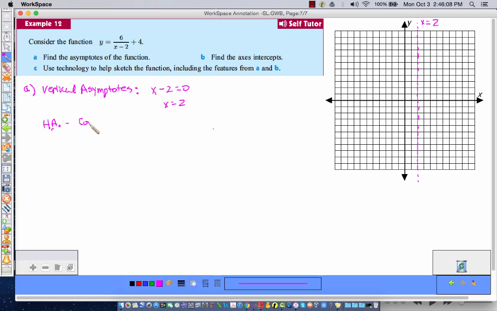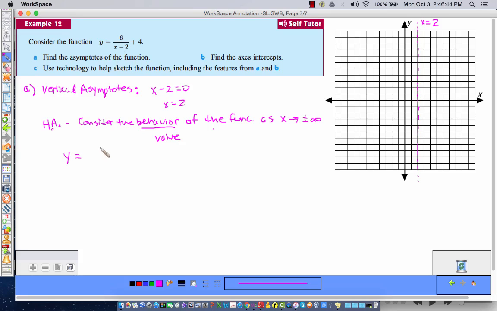We need to consider the behavior of the function as x approaches plus or minus infinity. And usually you just have to consider one of them and then the other one falls right through. So the behavior, or you can think of it as the value of the function: where is it headed as x goes to positive or negative infinity?